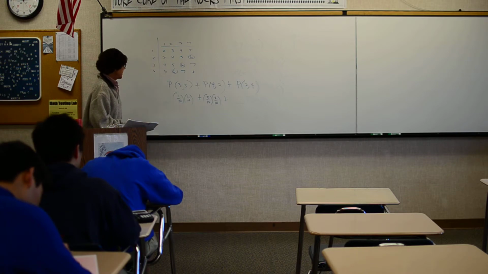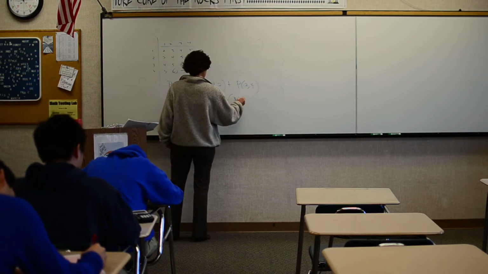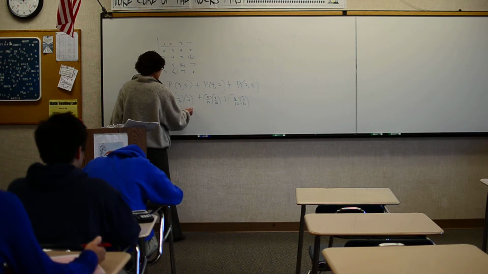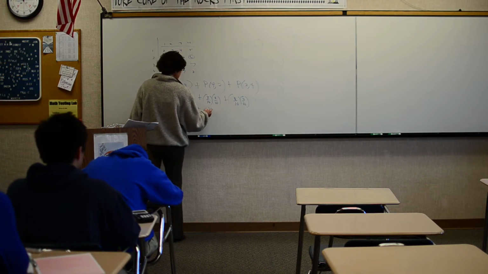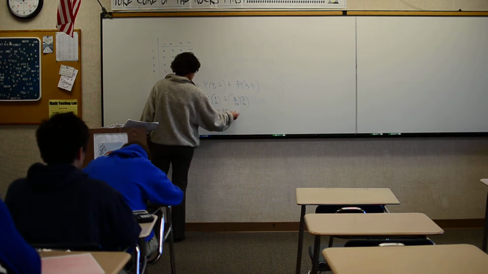And the probability of getting a 2 is 4/10, and getting a 4 is 3/10. So that's 1/100 plus 12/100 plus 12/100, which is 25/100, or 1/4.